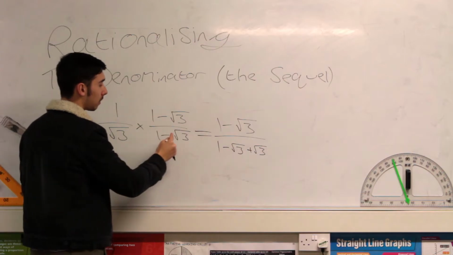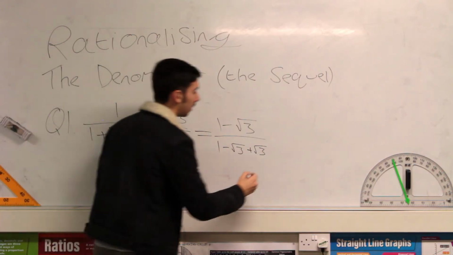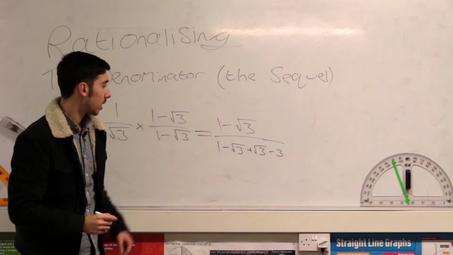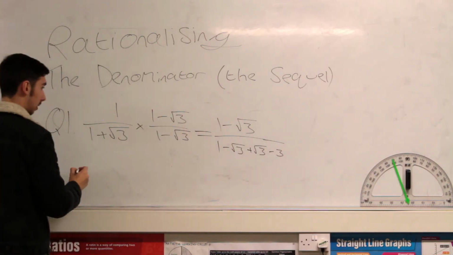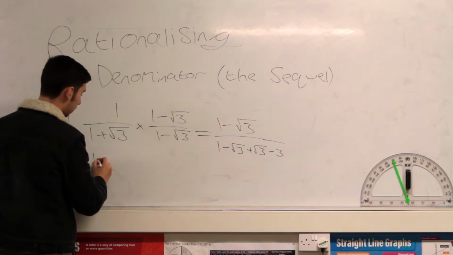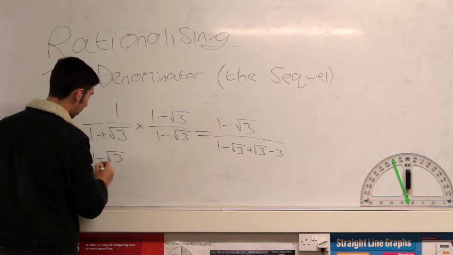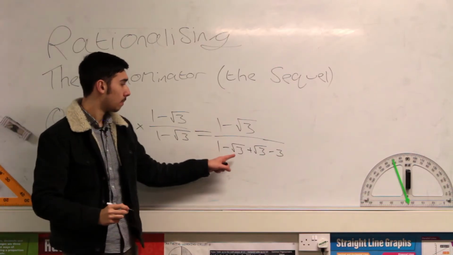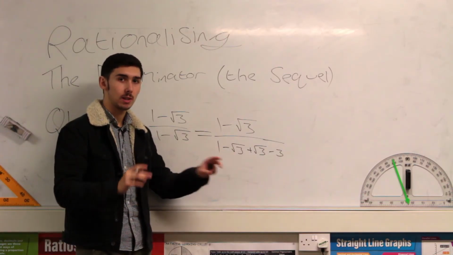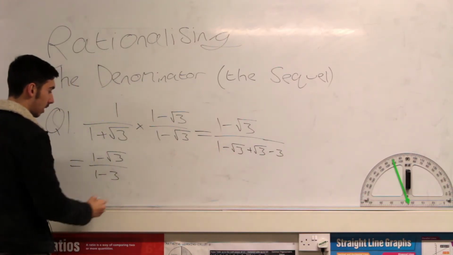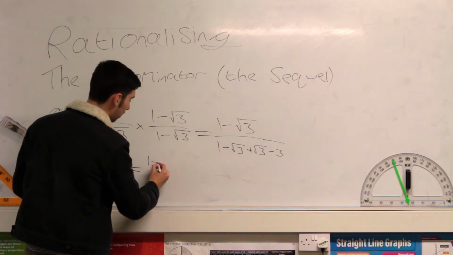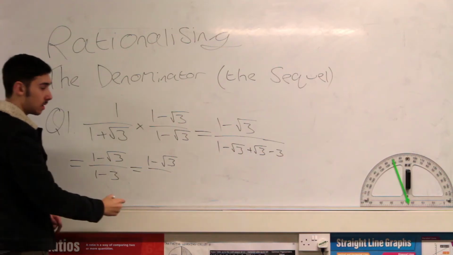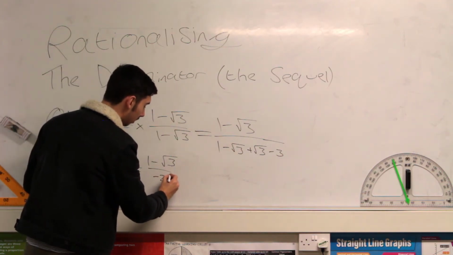Root 3 times minus root 3 is minus 3. Now, you'll notice that these can cancel out, so I'll write it down here again. You get 1 minus root 3 over 1 minus 3, because minus root 3 plus root 3 is 0, so we don't need to write it. And that is equal to 1 minus root 3 over, well, 1 minus 3 is minus 2.